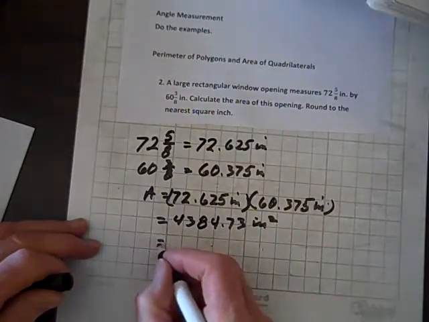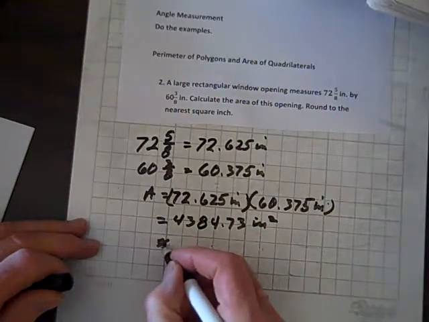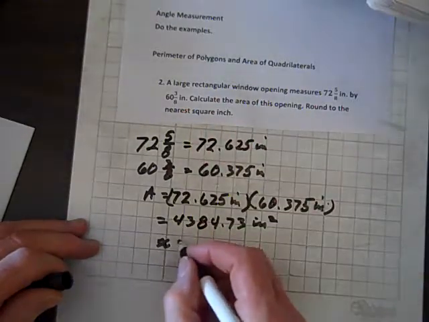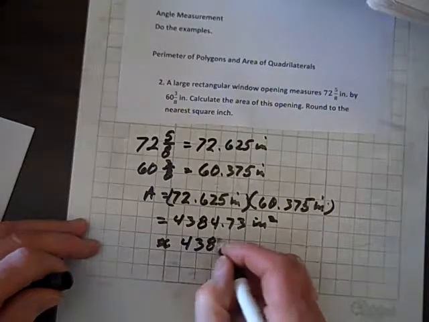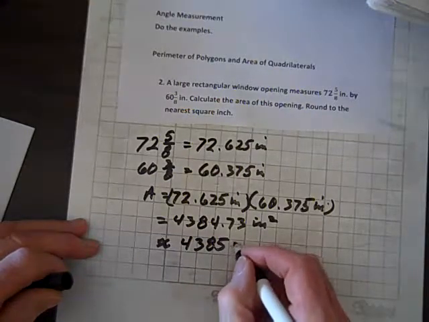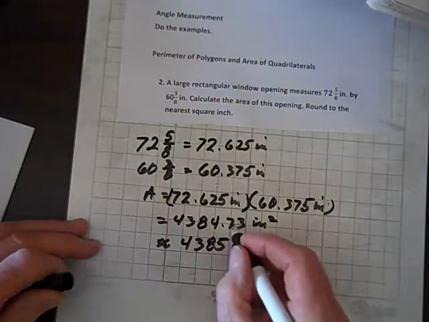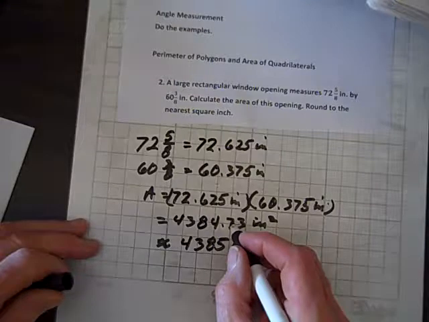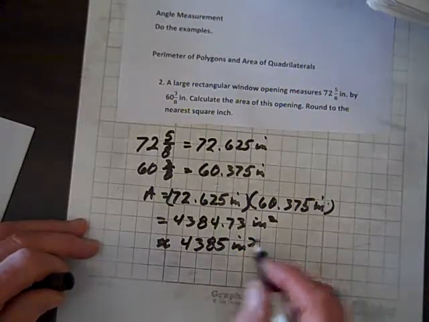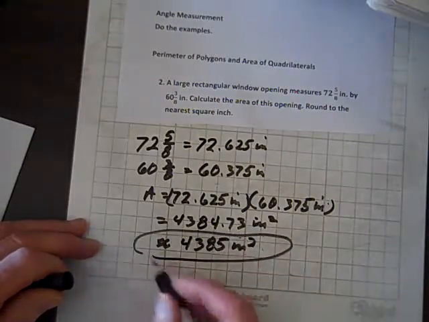But they said to round to the nearest square inch, so that's going to be 4,385 inches squared, rounding up because 7 is greater than 5. Anyhow, that's the area.